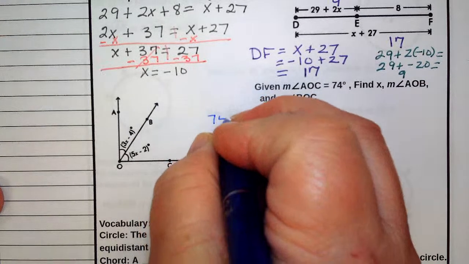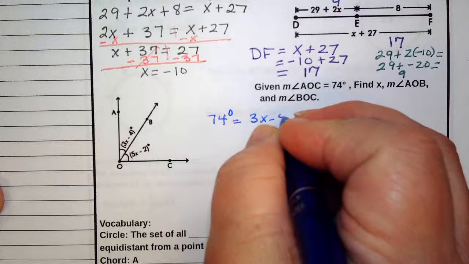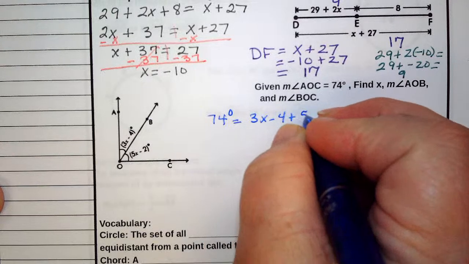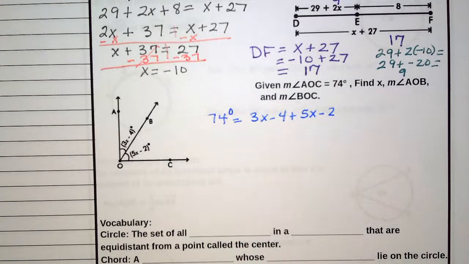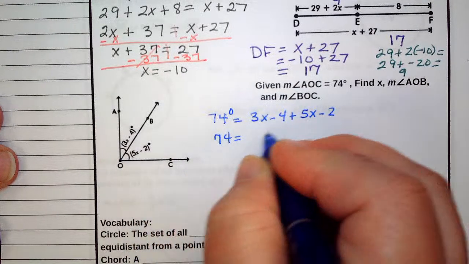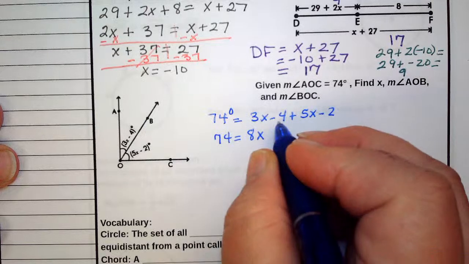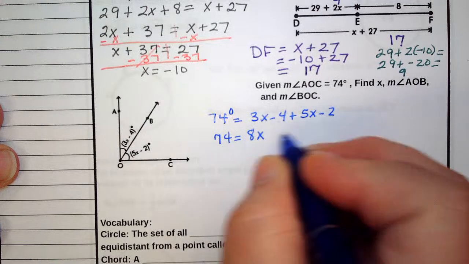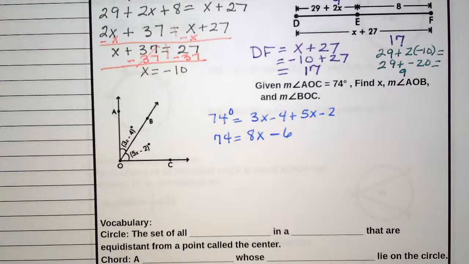So 74 degrees is equal to 3x minus 4 plus 5x minus 2. Collect your like terms. 74 is equal to 3x plus 5x is 8x. Negative 4 plus negative 2 is negative 6. Now I'm ready to solve for x.